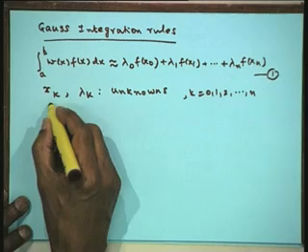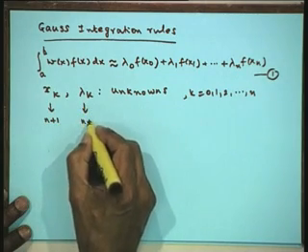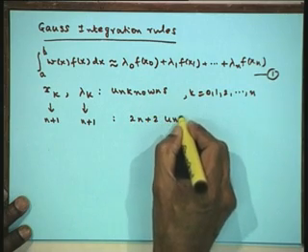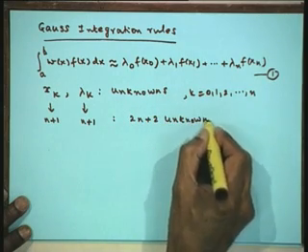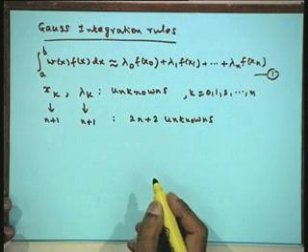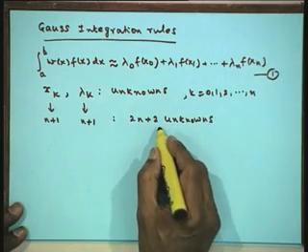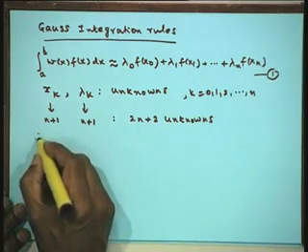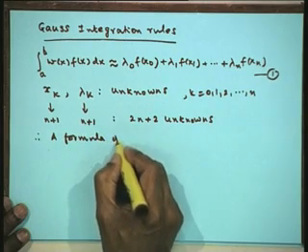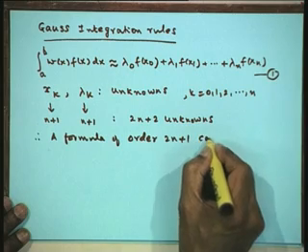Therefore, here we have n plus 1 unknowns, and here we have n plus 1 unknowns, so we have a total of 2 n plus 2 unknowns to be determined in this particular formula. Hence, a formula of order or precision 2 n plus 1 can be determined.